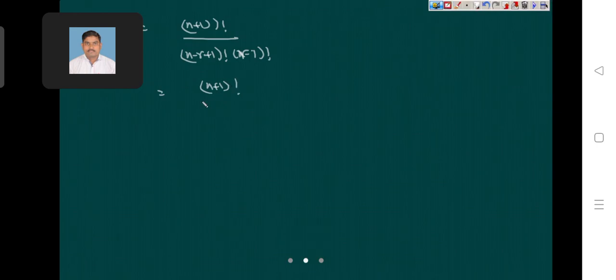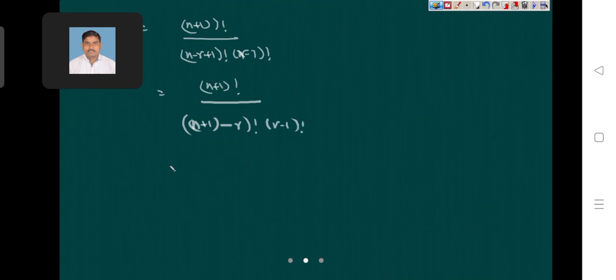So this one, n plus 1 factorial by n minus of r minus 1, n minus r plus 1, you can write as n plus 1 minus r factorial into r minus 1 factorial.